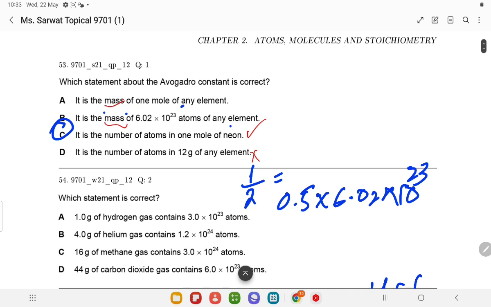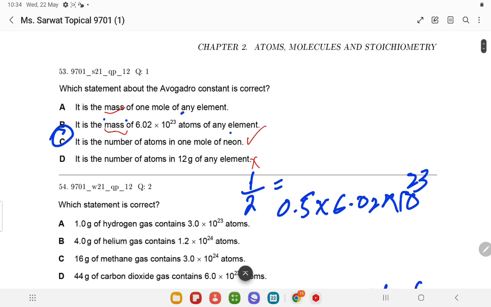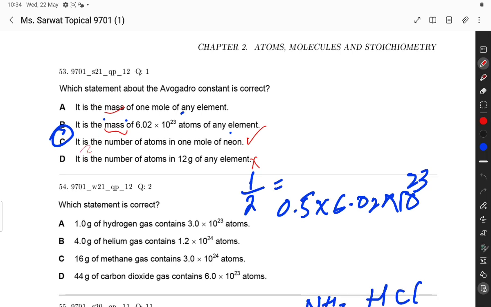So next question is, which statement about the Avogadro constant is correct? It is the mass of 1 mole of any element. No, this is incorrect. It is the mass of 6.02 into 10 raised to 23 atoms of any element. No, it is not correct. This is not a mass, it is the number of particles, so these two options are incorrect.